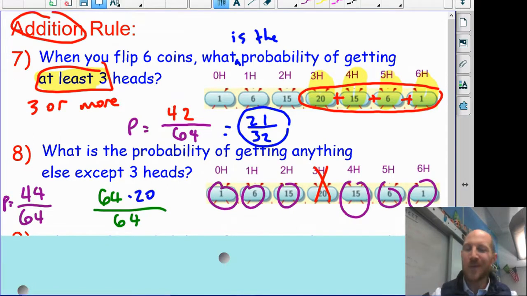So addition rule, or depending on how we want to think about it, subtraction rule. If you start with everything, you can just take out the stuff that's not included. Okay, same thing. We still need to reduce that fraction for our final answer. Divided both by 4, so I'm going to get 11 out of 16.